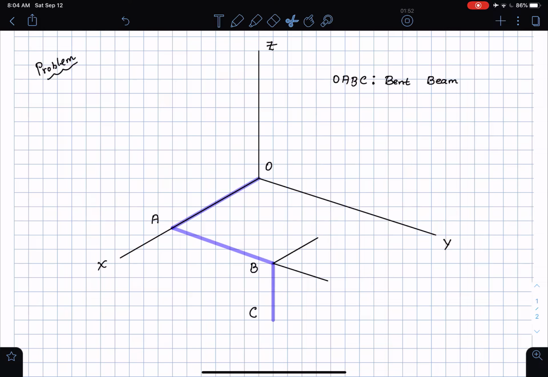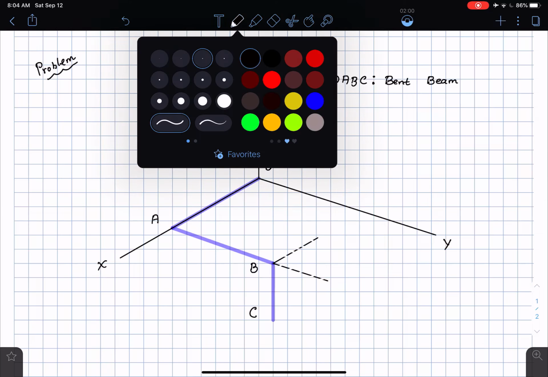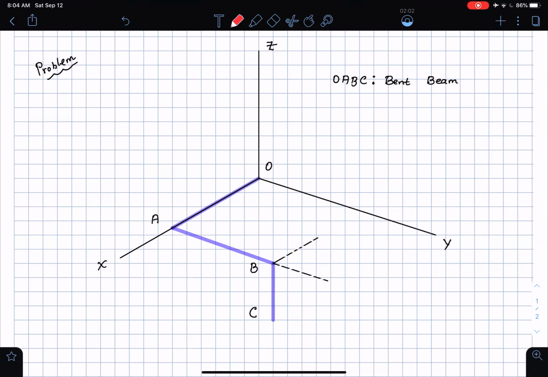These dotted lines tell me that there is a force that is existing, and there is some information regarding that force that is given to me. So there is a force of magnitude F1, whose magnitude is 200 newtons.